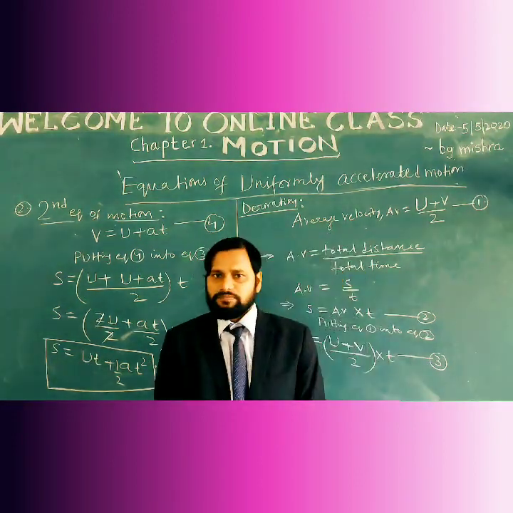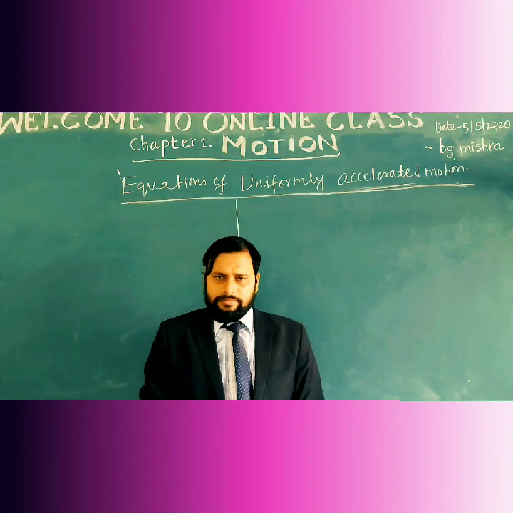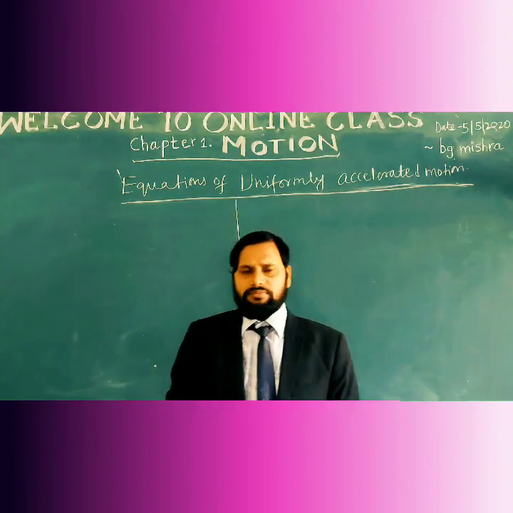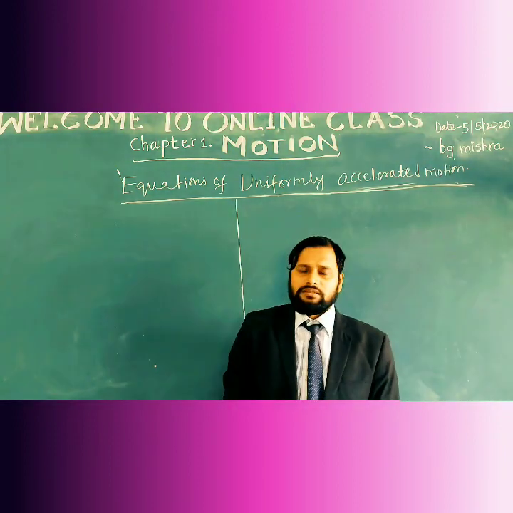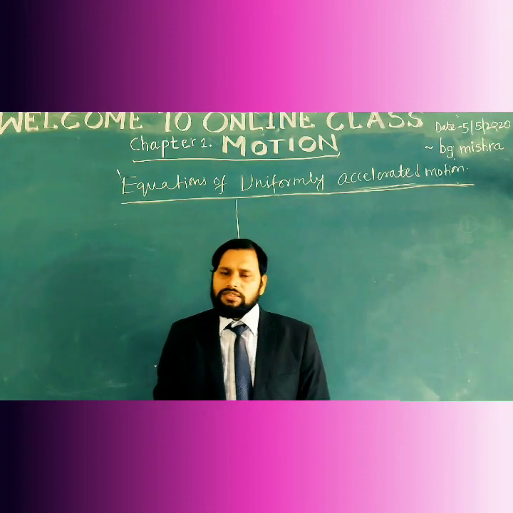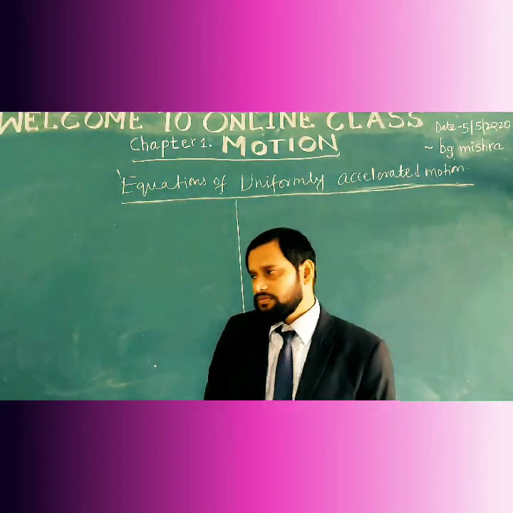Understood? We are going to derive the third equation of motion, that is V square equals U square plus 2AS.